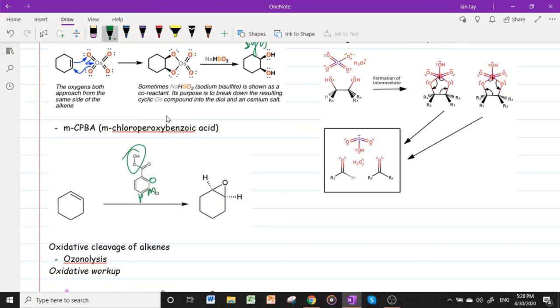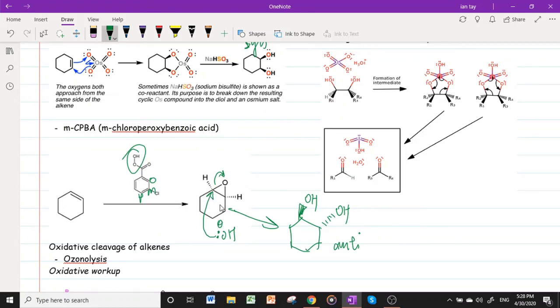So I won't go through the mechanism of formation of this, even though it is very interesting and you can read up on it. But basically, it forms an epoxide intermediate, and this epoxide intermediate is then opened in the presence of acid or base catalyst to form an anti-product. Why? Because in order to break the C-O bond, the hydroxide must attack from the other end, correct?